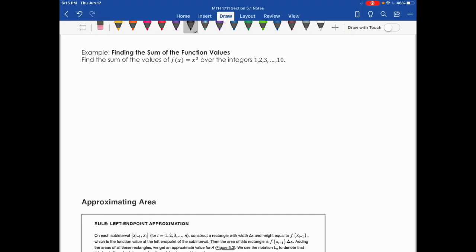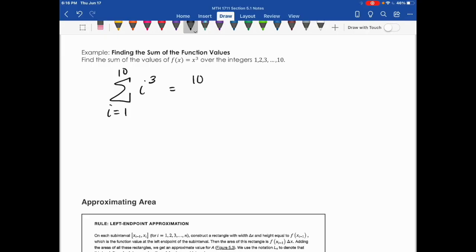In the next example, we're going to find the sum of the function values. This is going to lead us into how we're eventually going to use this in approximating areas under the curve. So we're going to find the sum of the values of f of x equals x cubed over the integers from 1 to 10. We're going to set up our summation, going from i equals 1 to 10, and we want to cube our values.